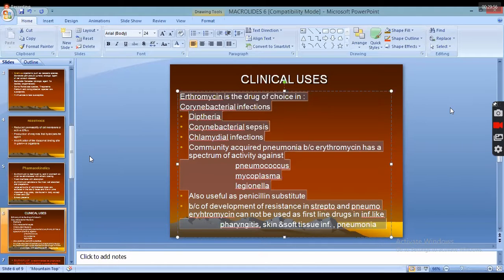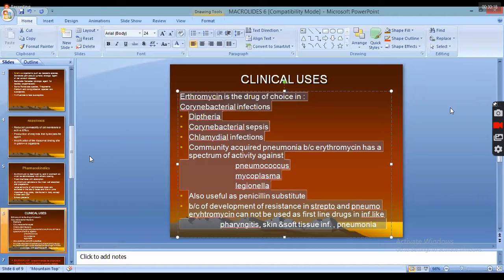Erythromycin is effective against community acquired pneumonia caused by Legionella, Mycoplasma, and Pneumococcus. Sometimes it can be given to people who have allergies to penicillin. So you can use it as a substitute in infections that are usually treated by penicillin. So you can substitute erythromycin there.